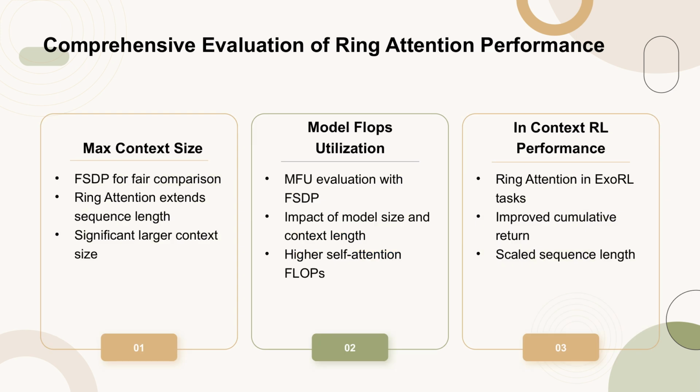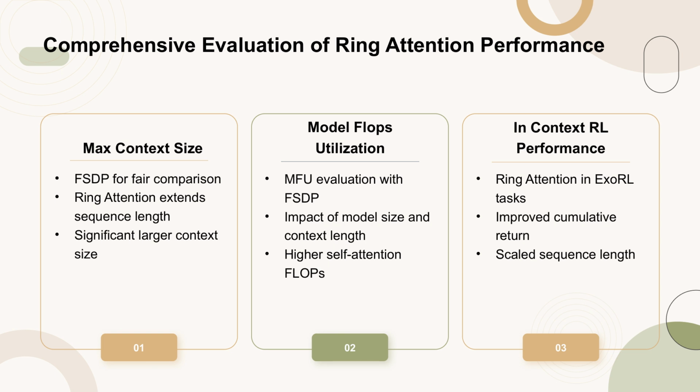In evaluating the performance of ring attention, we focus on 3 key areas: maximum context size, model flops utilization, and in-context reinforcement learning performance. For maximum context size, we use fully sharded data parallelism, FSDP, to ensure a fair comparison. Ring attention significantly extends the sequence length, enabling a much larger context size.